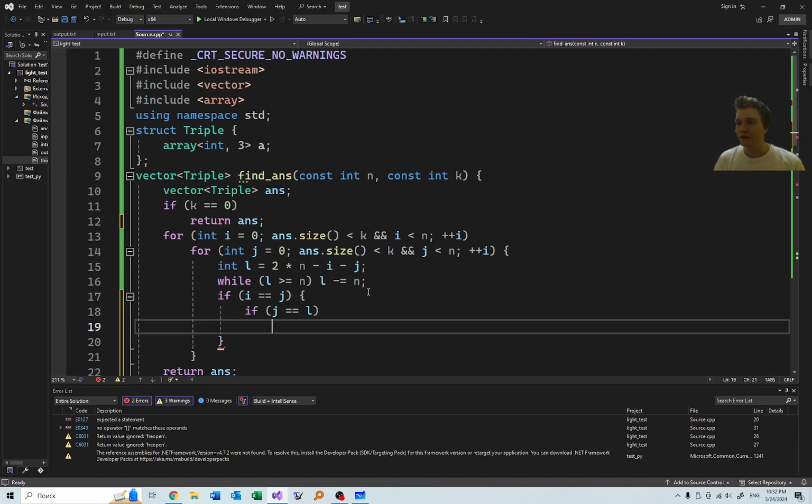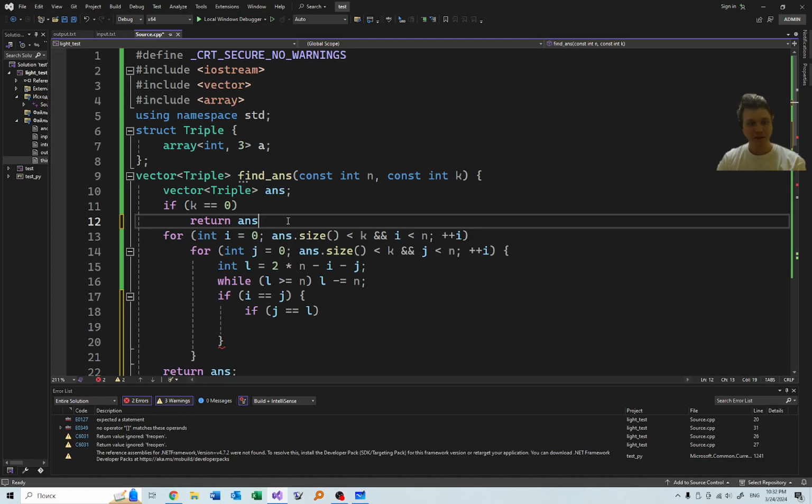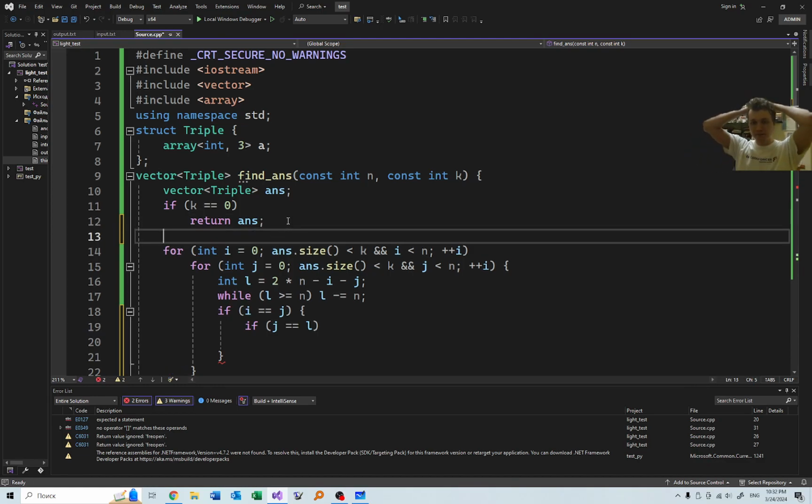Okay. So, first things first. Let's make some bool easy. It says that n times n minus k percent 3 is 0.